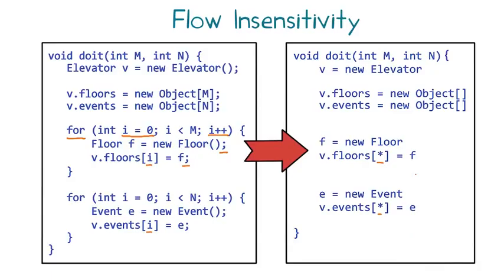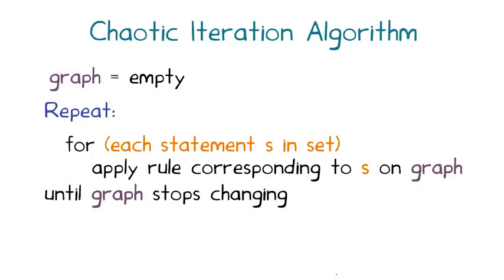Next, let's see how a pointer analysis algorithm builds a points-to graph for an arbitrary program. The pointer analysis algorithm follows a similar pattern as the data flow analyses we saw earlier, so we again call the algorithm a chaotic iteration algorithm. We begin by starting with an empty points-to graph. We take the set of statements obtained earlier by applying the flow insensitive approximation, and we iterate through each statement in this set, applying the rule corresponding to that statement to the points-to graph we are building.